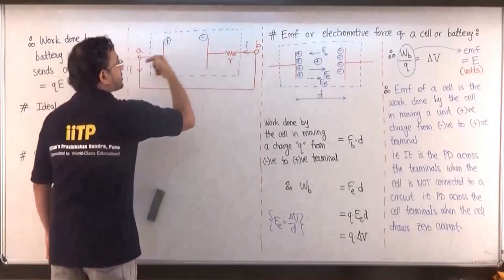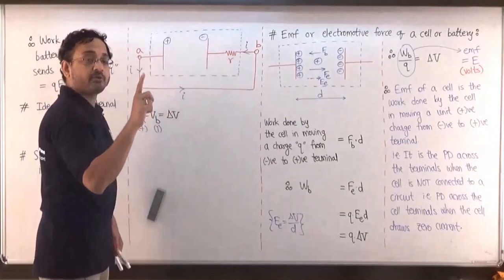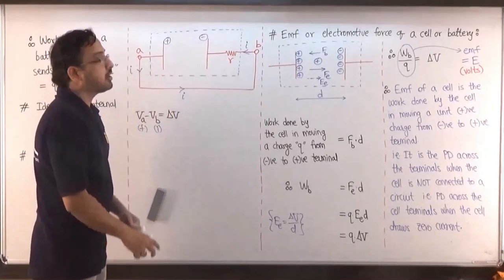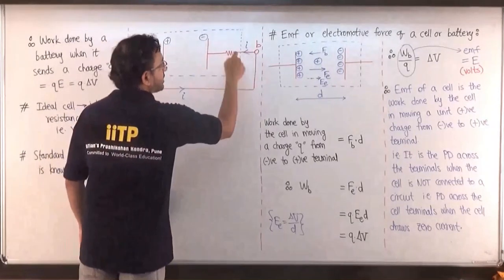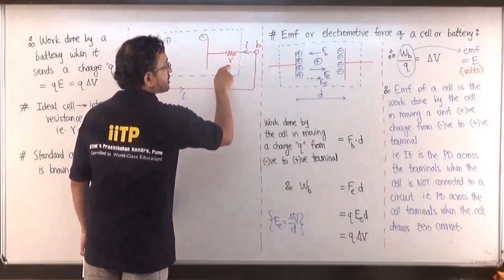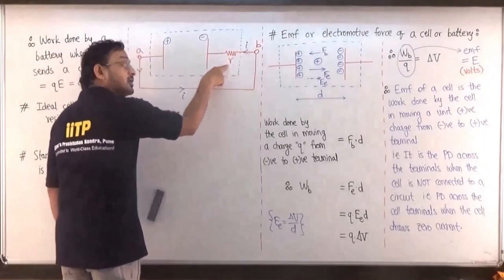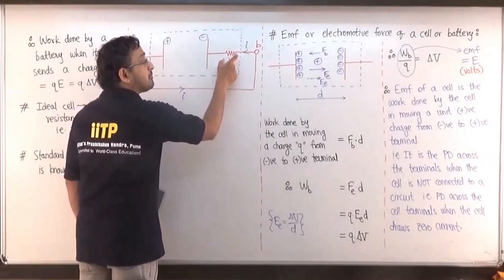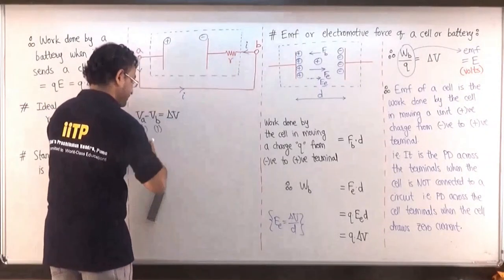Since we are going from B to A, I have to go in that direction, and we apply Kirchhoff's law and its sign conventions. As I go from B to A, I am going in the direction of current over a resistor, so the potential difference there is minus IR.